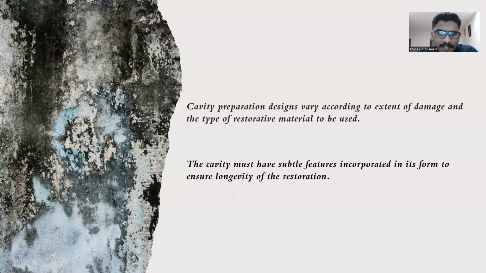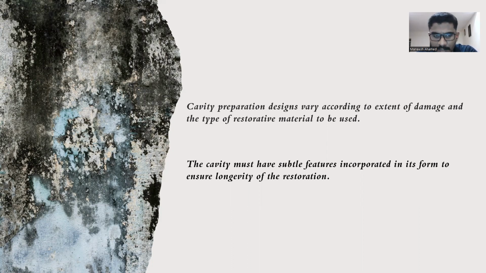So cavity preparation designs, as we discussed earlier, vary according to the extent of damage and type of the restorative material to be used, and the cavity must have certain features incorporated in its form to ensure longevity of the restoration. So this summarizes what we have discussed till now. That is, for correcting a defective tooth, we need certain preparation on the tooth surface so as to facilitate the placement of a restorative material.